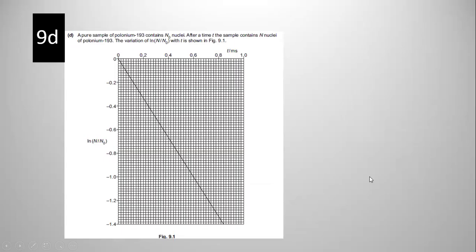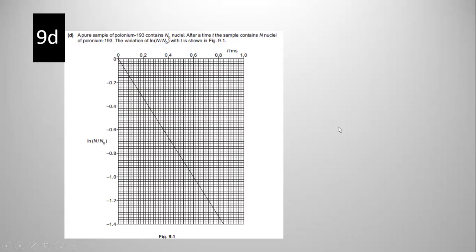Pure sample of polonium contains N naught nuclei. After a time of t, the sample contains N nuclei of polonium-193. The variation in ln N over N naught and t is shown, right? It's ln N over N naught against your time.